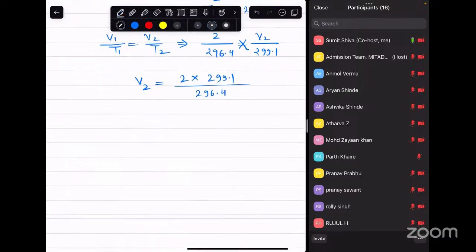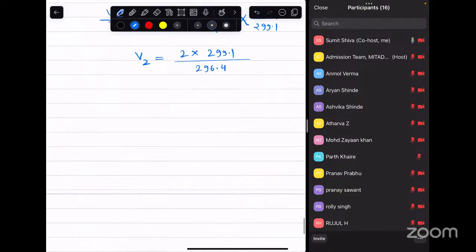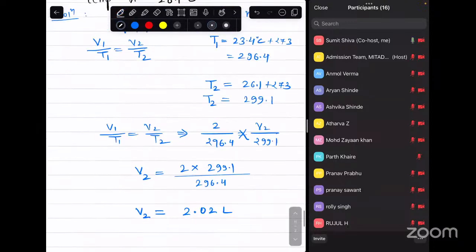What will be the answer? 2.02 approximately. This many liters will be the volume of the air in the balloon in the Indian Ocean. Any doubt? No, sir.